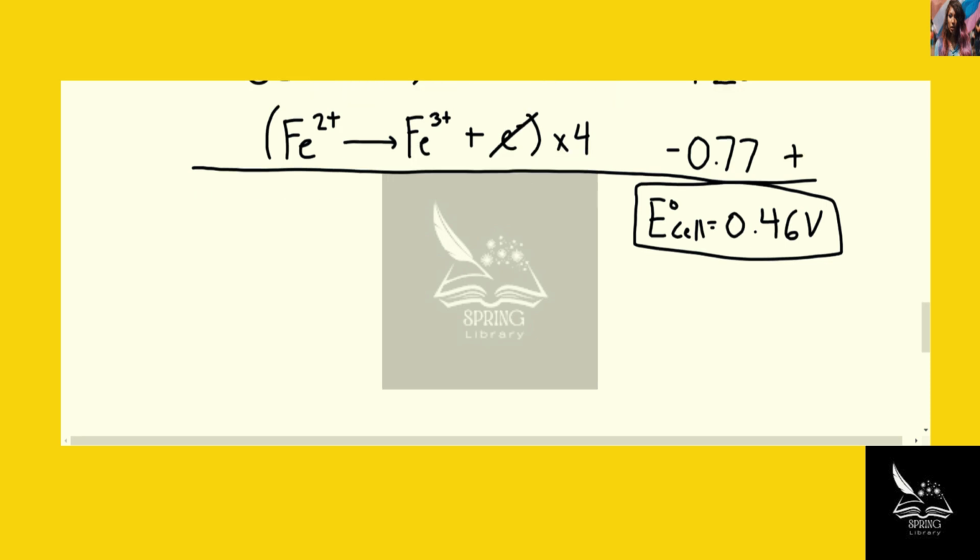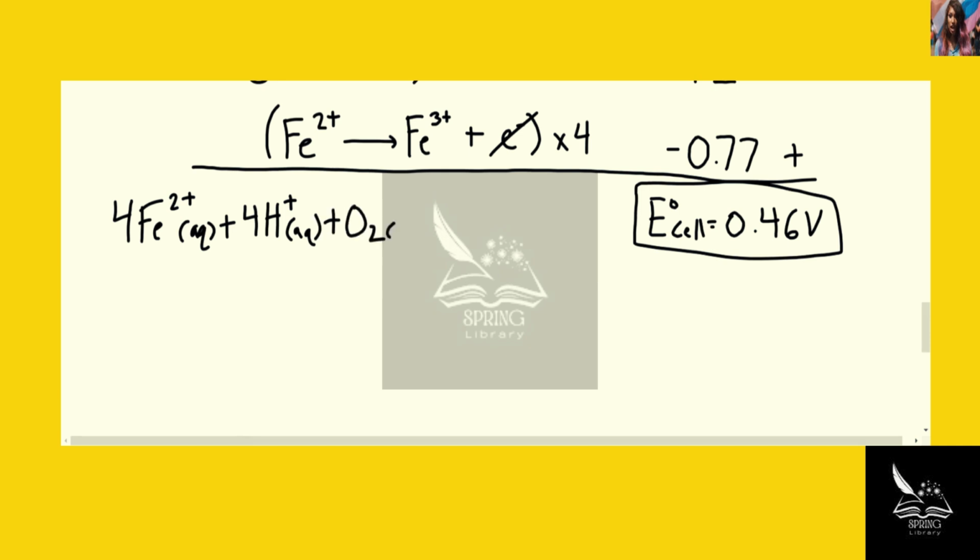And the overall reaction taking place is 4 Fe2 plus aqueous plus 4H plus aqueous plus O2 gas going to 4 Fe3 plus aqueous plus 2 H2O liquid. So that is the overall cell reaction.